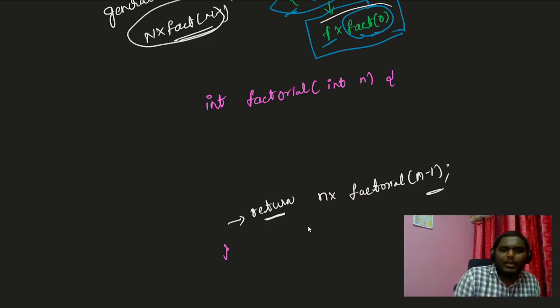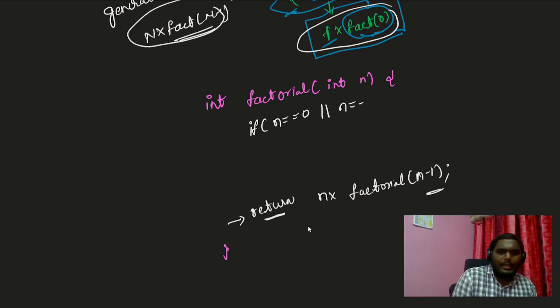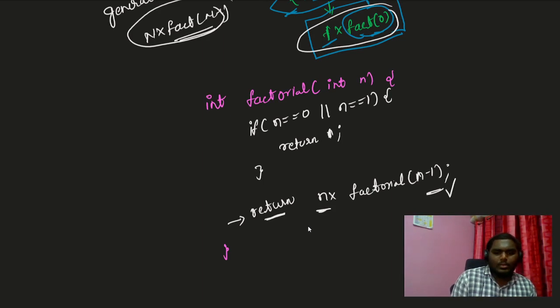The base condition will be the smallest problem that you are going to solve. Here that smallest problem is if n equals 0 or n equals 1, in which case you can simply return 1. But in all other cases, you will be doing n into factorial of n minus 1.